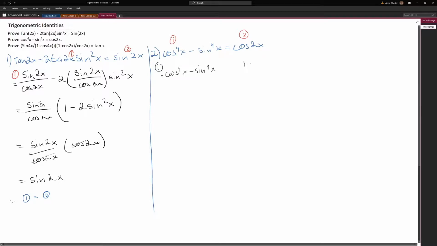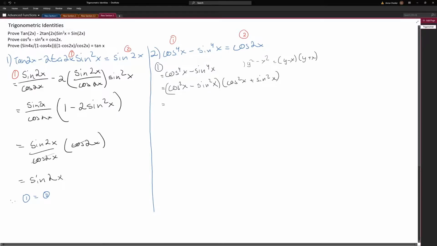You might remember this is the same as the difference of squares. So like y squared minus x squared, right? Is equal to y minus x, y plus x. So let's apply that to here. So we have cos squared of x minus sine squared of x times cos squared of x plus sine squared of x.